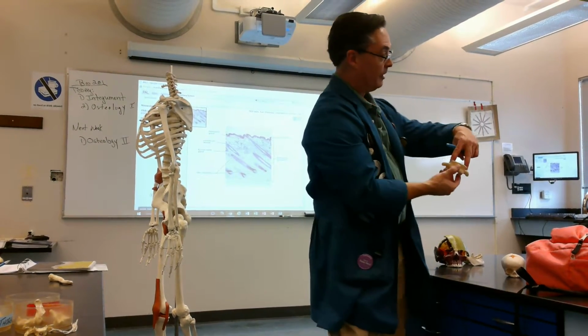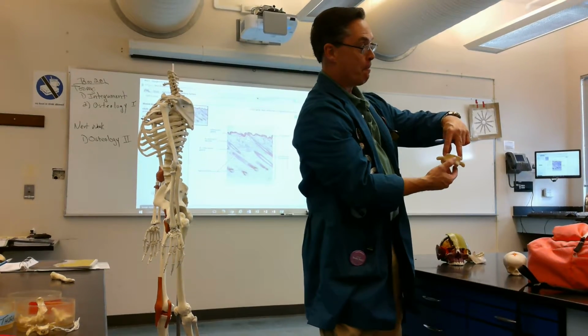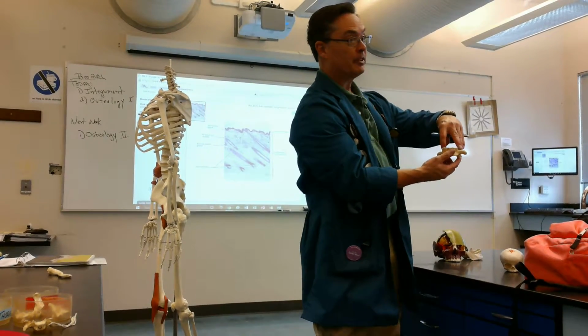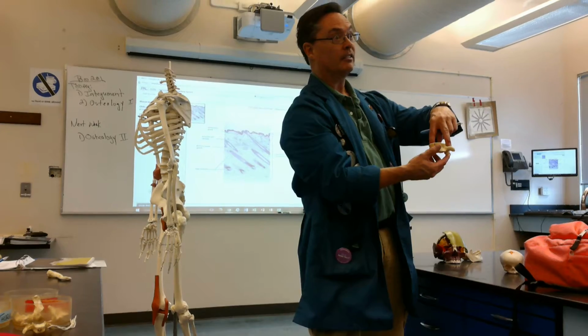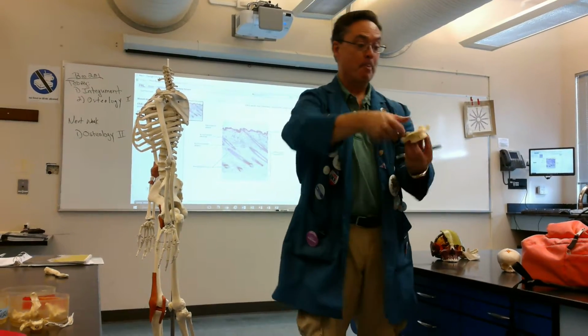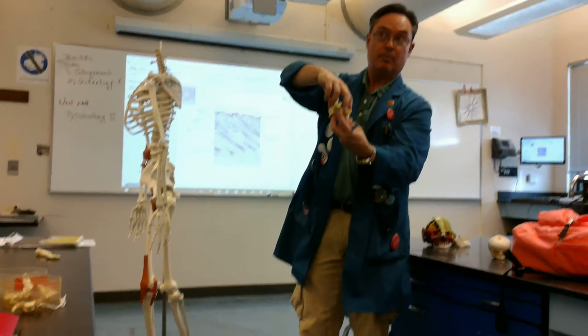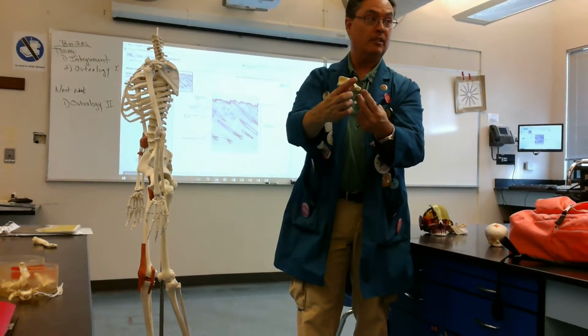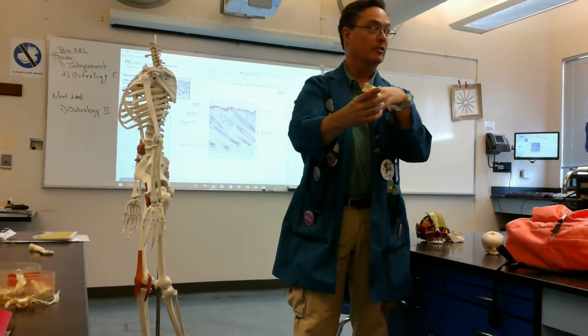Inferior. Inferior articulating process. So for the lab practical, you have to be very specific, obviously. You have to spell all this right. So you have to say inferior articulating process, superior articulating process, transverse process, spinous process, lamina, pedicle, body, and so on, right?